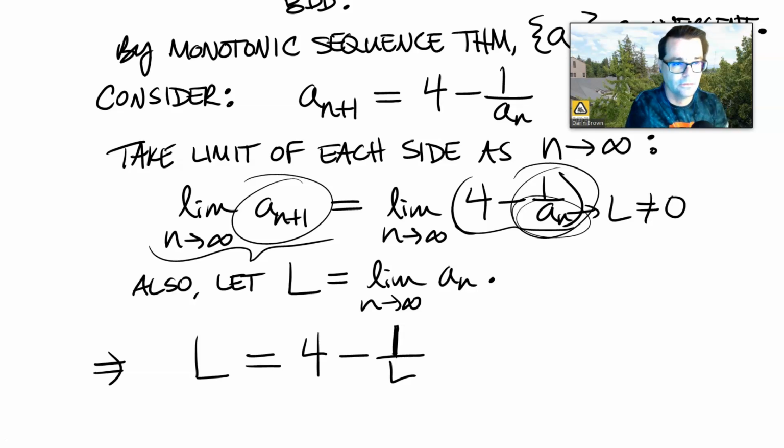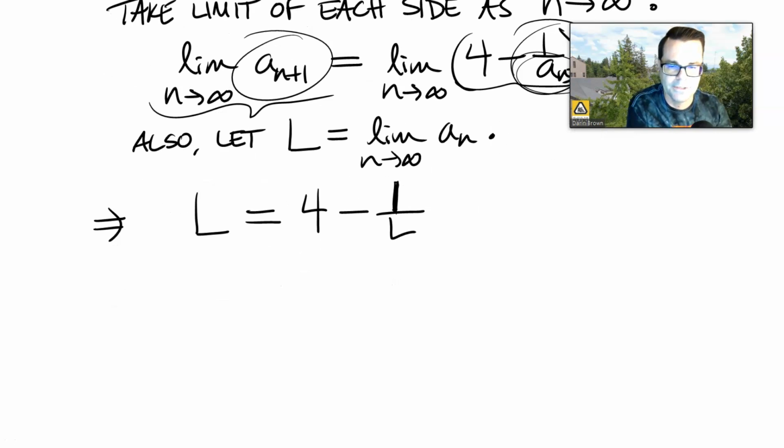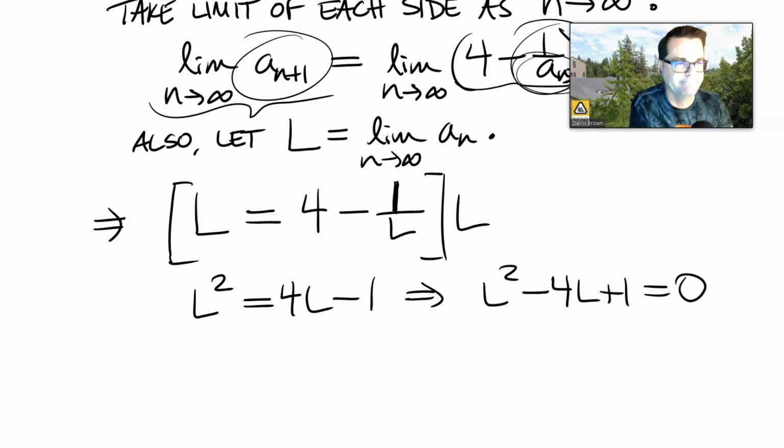This is a nice little equation now that we can solve for L. It ends up being a quadratic, because we can multiply through by L. And we get L squared is equal to 4L minus 1. So L squared minus 4L plus 1 is equal to 0. It does not factor, so you have to use the quadratic formula.